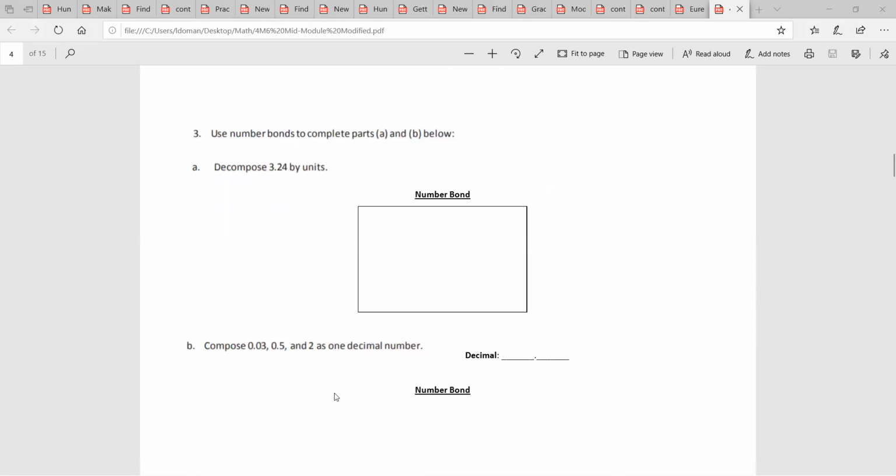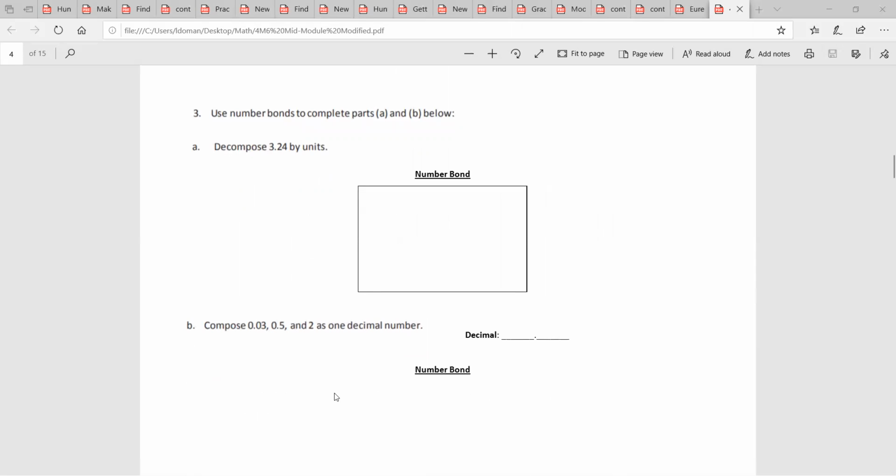I always scroll down. Here is your last question for today. All right, so if you have 3.24, okay, you need to use a number bond, compose 3/100, 5/10, and 2 as a decimal number.